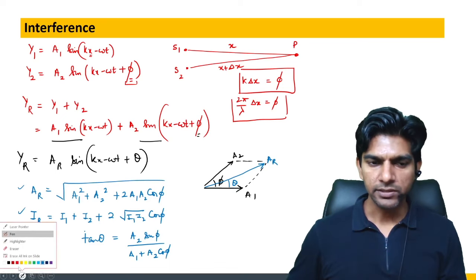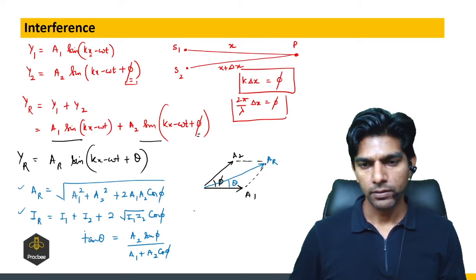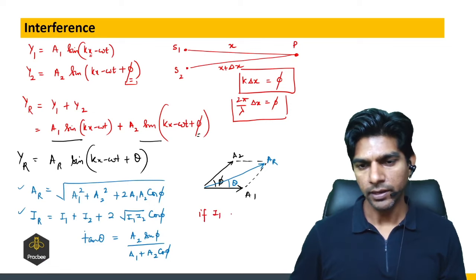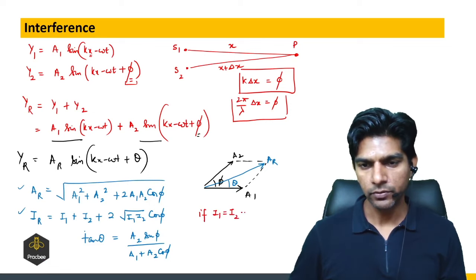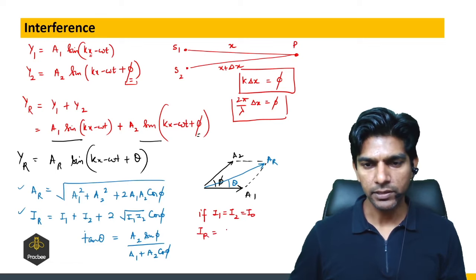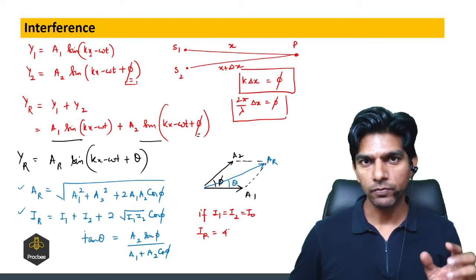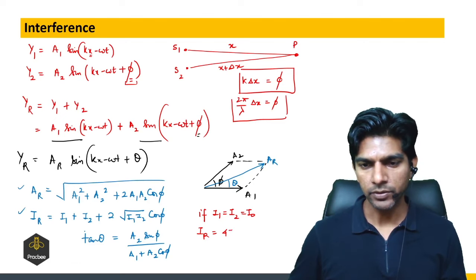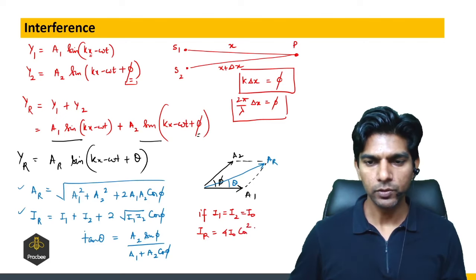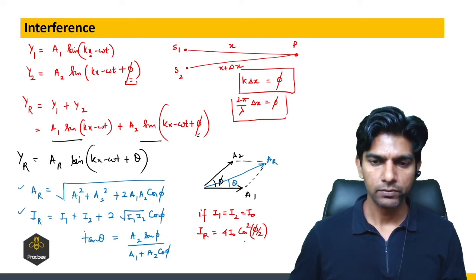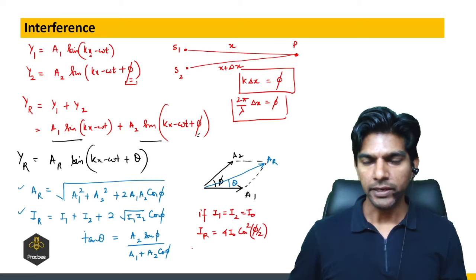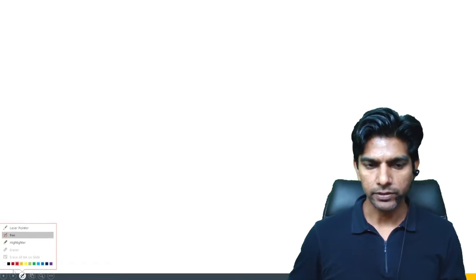So if intensities are same, if I1 equals I2 equals I naught, then the resultant intensity, by using the concept of trigonometry, can be written as 4 I naught cos square phi by 2, right? Now let us see the case of constructive interference.